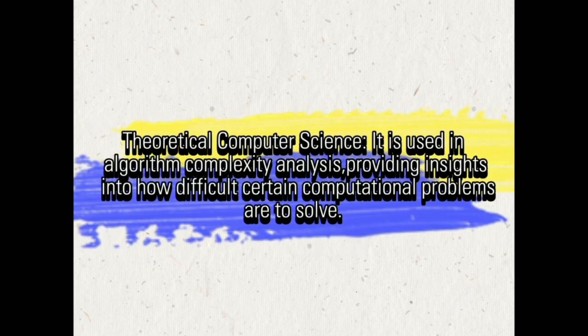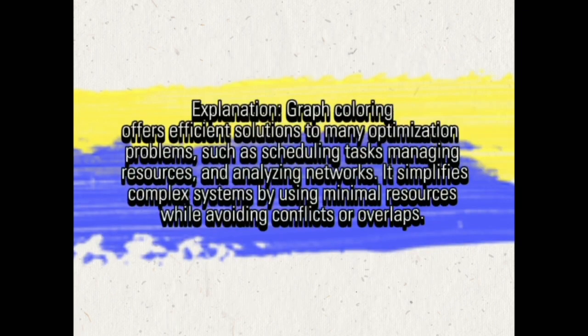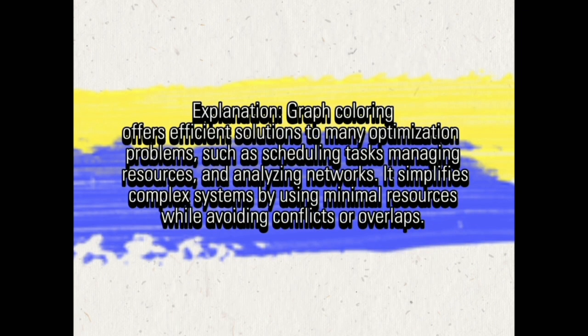Theoretical computer science: it is used in algorithm complexity analysis, providing insights into how difficult certain computational problems are to solve. Social network analysis: graph coloring helps identify communities or groups in social networks. Graph coloring offers efficient solutions to many optimization problems such as scheduling tasks, managing resources, and analyzing networks. It simplifies complex systems by using minimal resources while avoiding conflicts or overlaps.